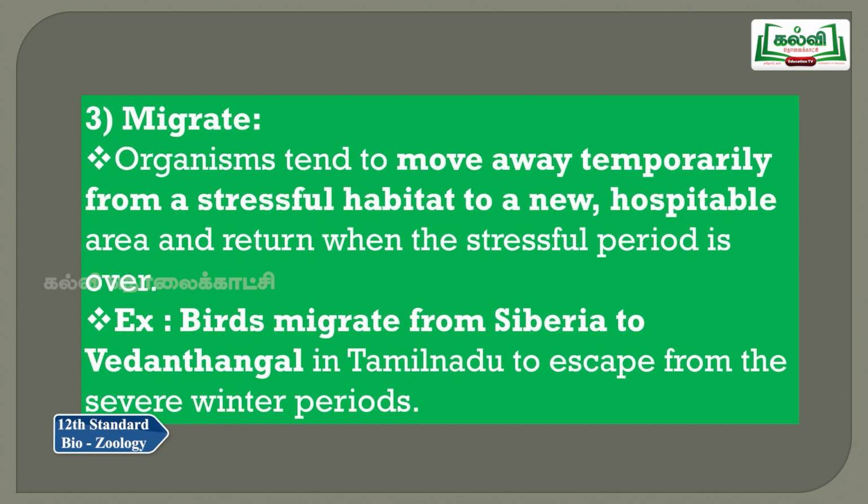Then the third one is migrate, that means organisms tend to move from one place to another temporarily because of some stressful conditions. When there is severe cold at one place, they cannot withstand that temperature, so they move to a warmer place. That is called migration. An example is the birds migrating from Siberia to Vedanthangal in Tamil Nadu to escape the severe winter.